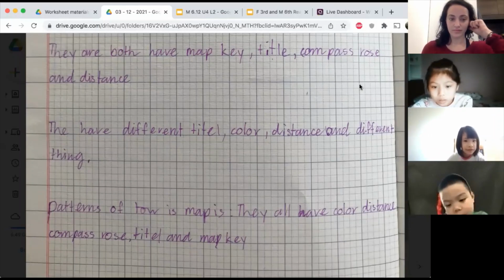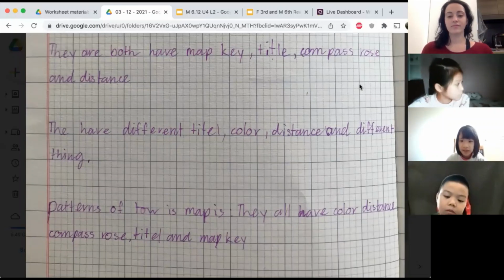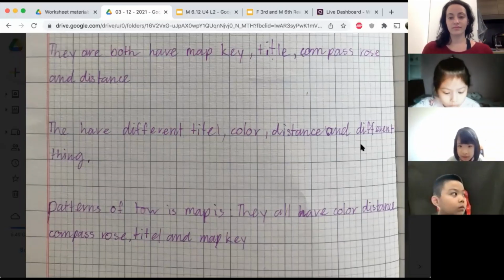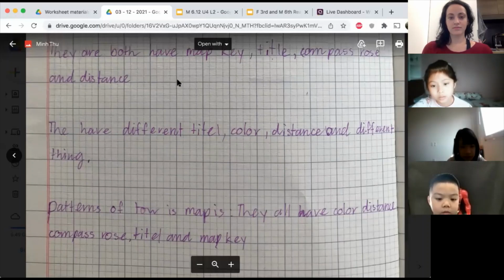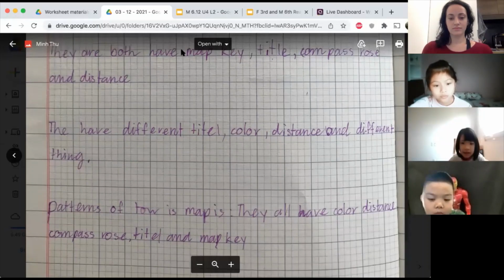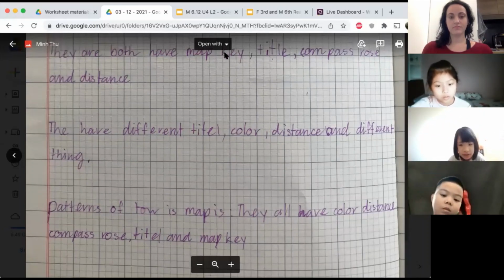They have different title, color, and different things. Pattern of who this map is, they all have color, distance, compass rose, title, and map key.